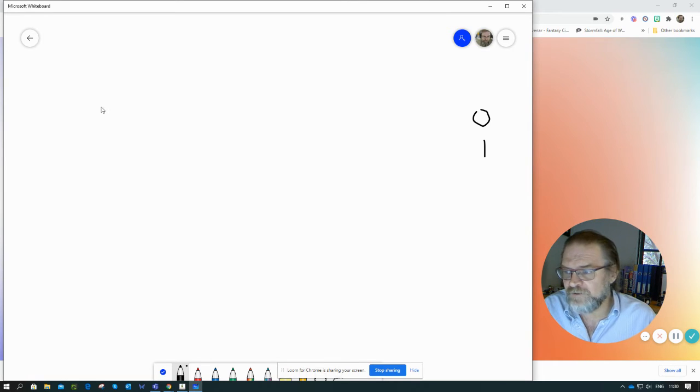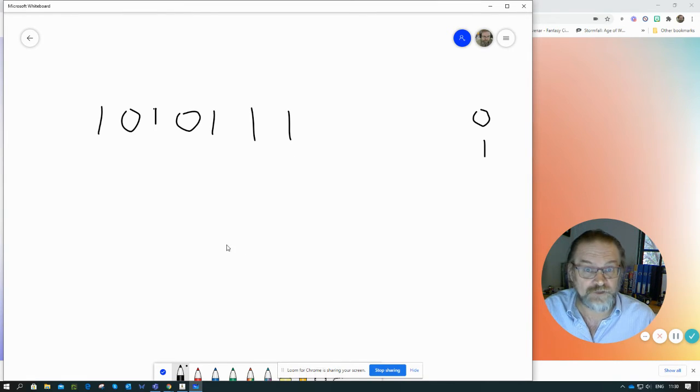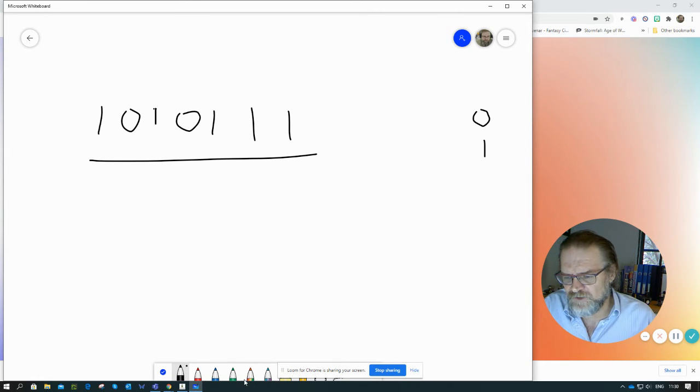So you would write binary numbers a bit like this. You have 1, 0, 1, 0, 1, 1, 1, for example. So let's do the same as we did with the decimals and try and work out what that actually means.